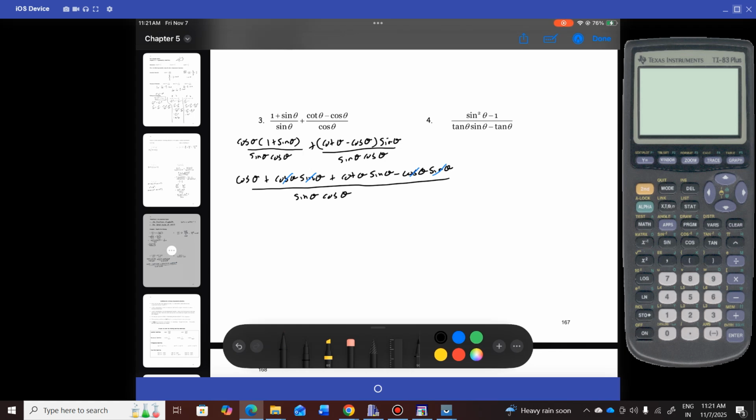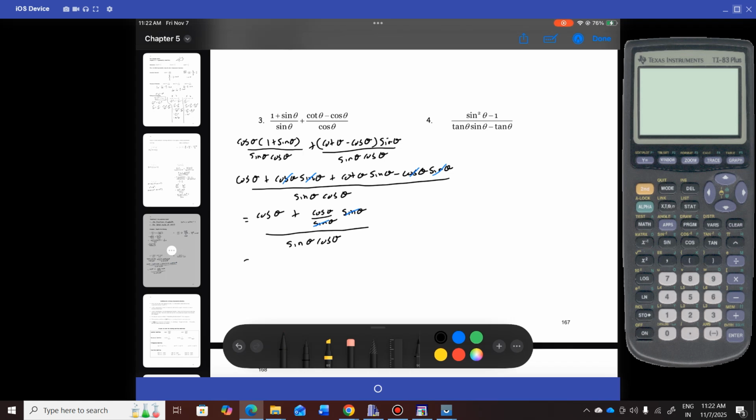And so this becomes cosine theta plus, now cotangent theta, I'm going to rewrite that as cosine theta over sine theta times sine theta, and over sine theta cosine theta. And we can see sines cancel.